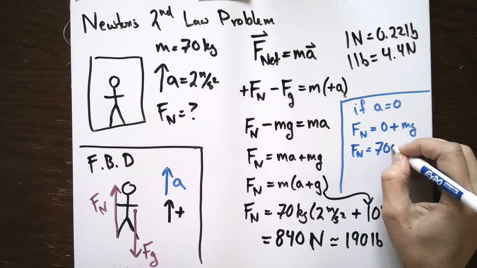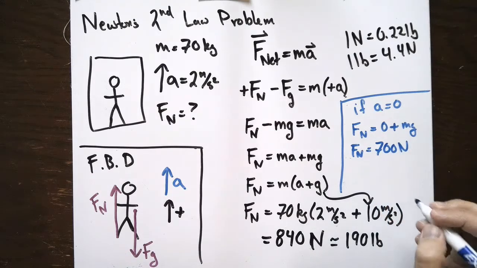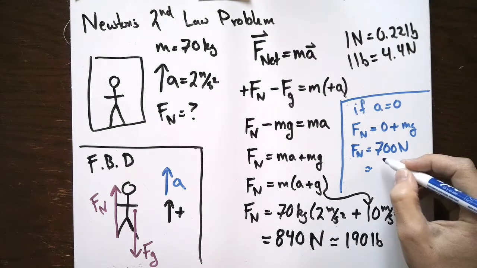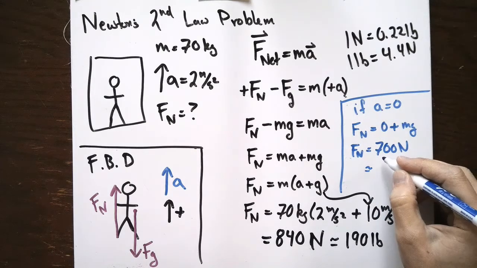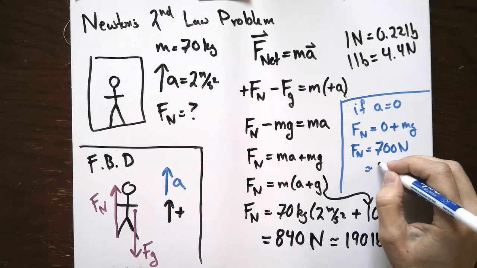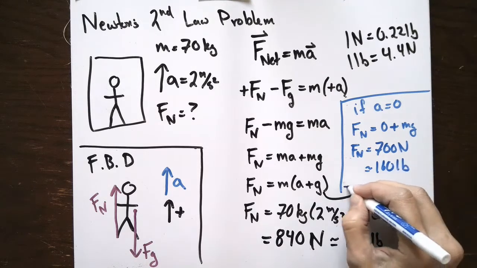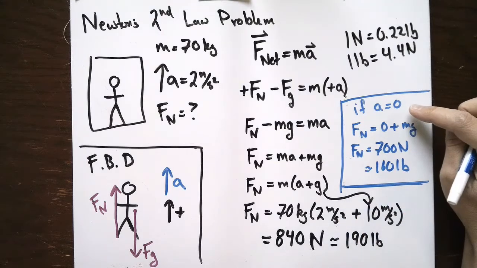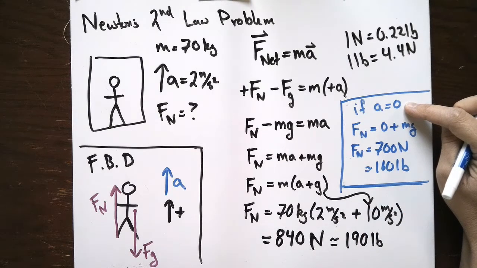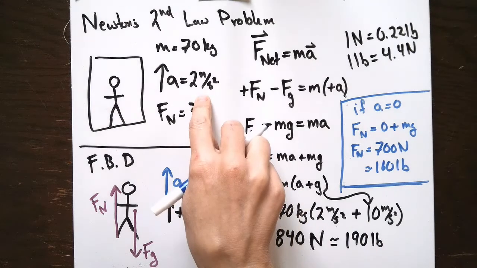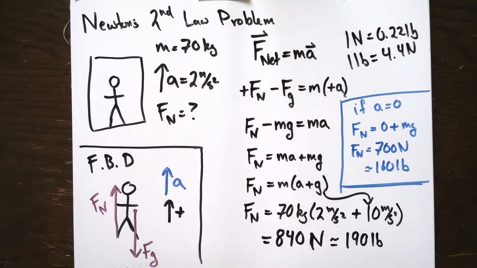So the normal force would be 700 newtons in that case, which, if we convert to pounds, is divided by a bit more than 4, less than 200, 160-ish pounds. So if the acceleration isn't upwards, but is instead 0, the normal force on Blaine from the elevator is less than what it would be when the elevator is accelerating upwards.